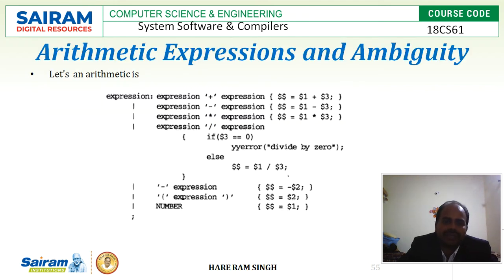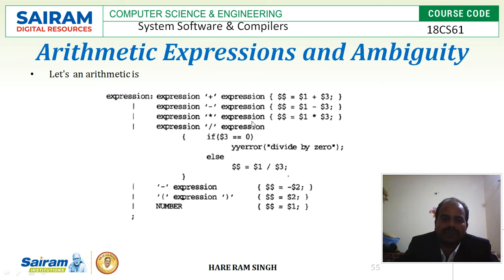Next is arithmetic expression and ambiguity. Let's see the arithmetic expression here. Expression generates expression plus expression. Its corresponding action will be $$ equal to $1 plus $3, which we already saw in the previous video. Or expression minus expression, it can be $$ equal to $1 minus $3.